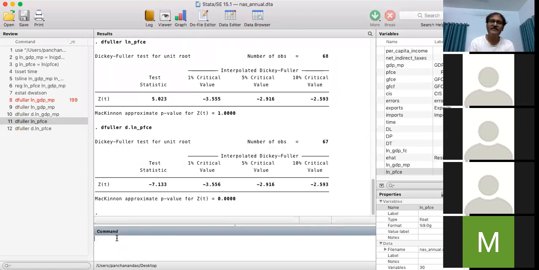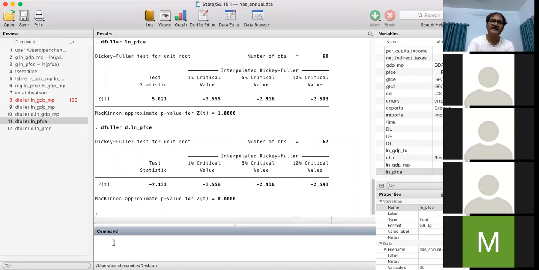Now you have to keep in mind, because of the time constraint, we are carrying out unit root test, simple Dickey-Fuller, without considering the detailing of the methodologies. Detailing of the methodologies means you are aware of the limitations of the Dickey-Fuller tests, and for that reason you have to check whether there is any break or not.